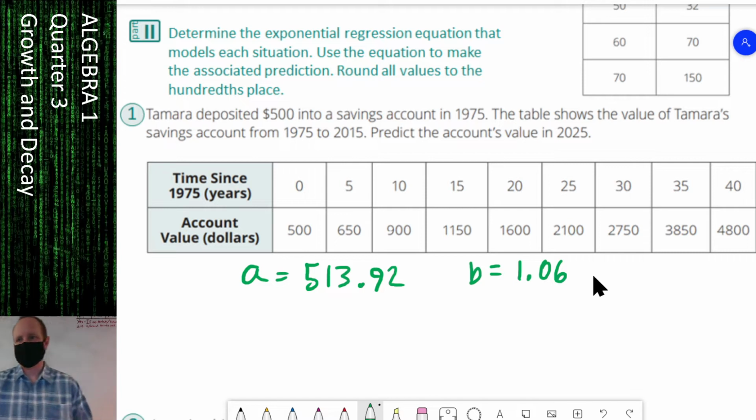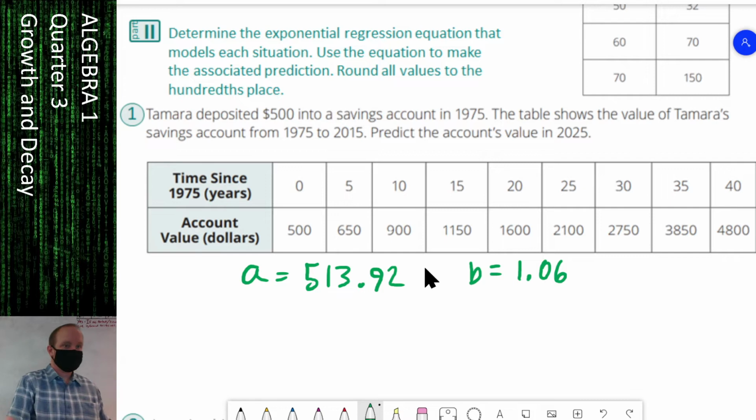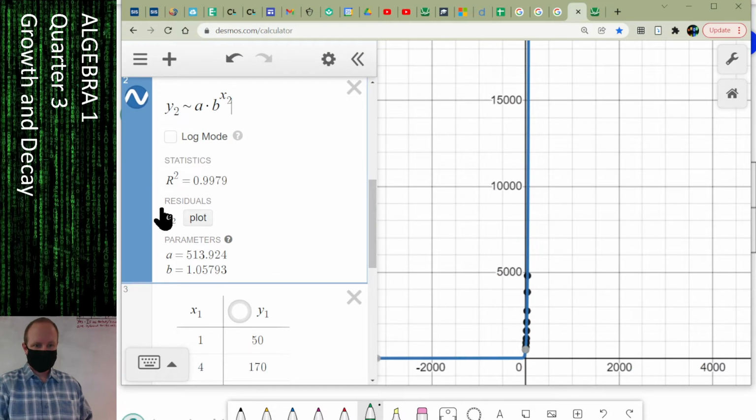Here's your answer to your warm-up if you didn't get it, because the correlation coefficient tells you how well the equation fits the data. So our correlation coefficient, the R squared, is very close to 1. R squared, 0.9979, which means this is a really good fit. This line fits our points really well.